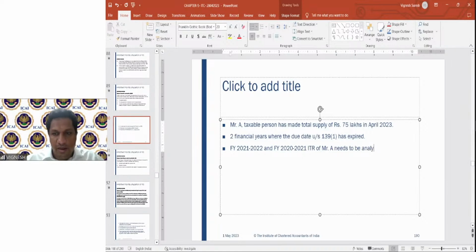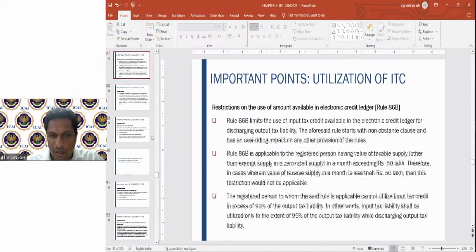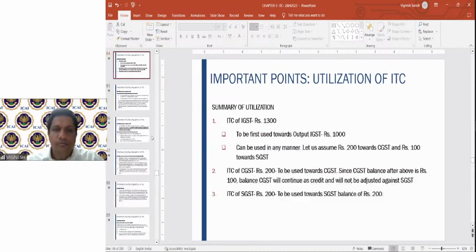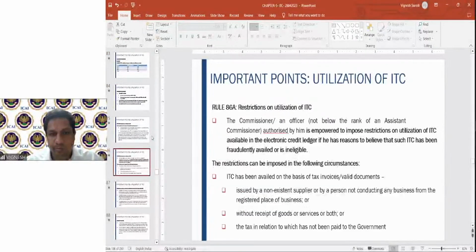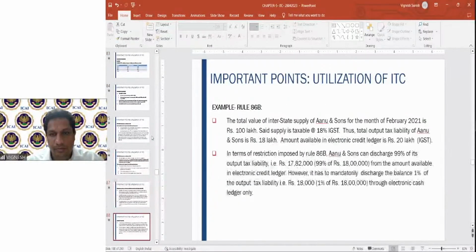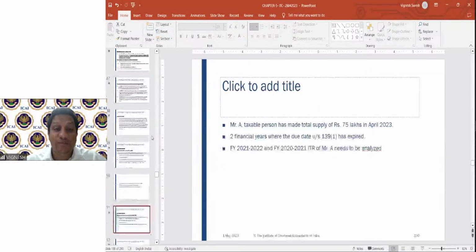So we have to see if rupees 1 lakh has been paid. In this case, what does the exception say? Payment of income tax more than 1 lakh in each of the last financial years.